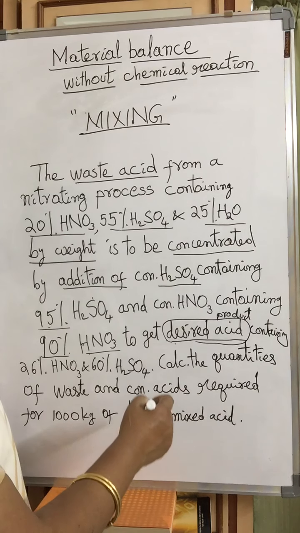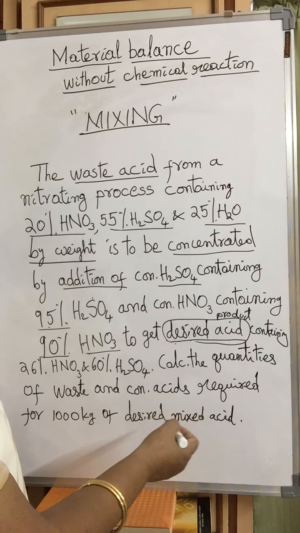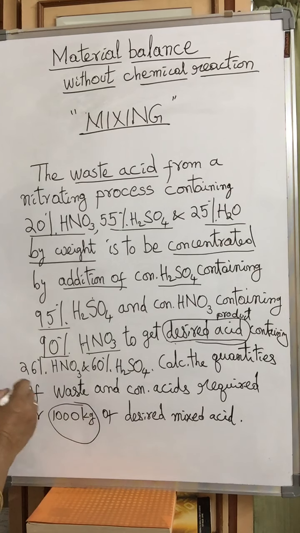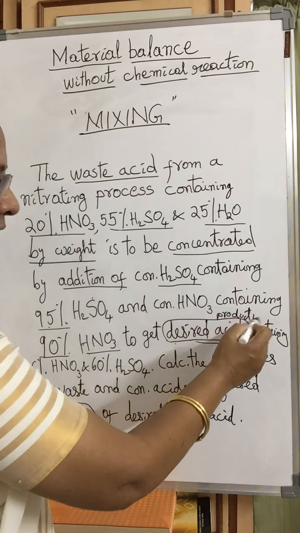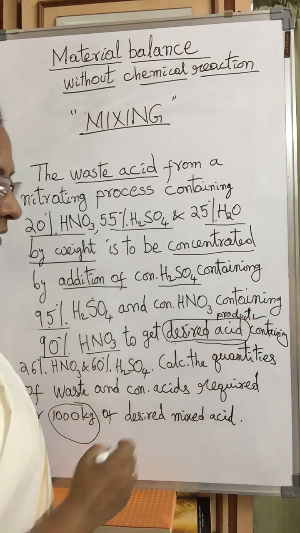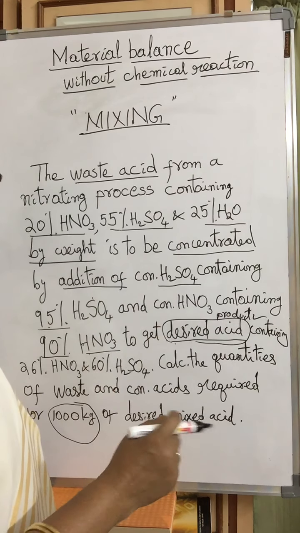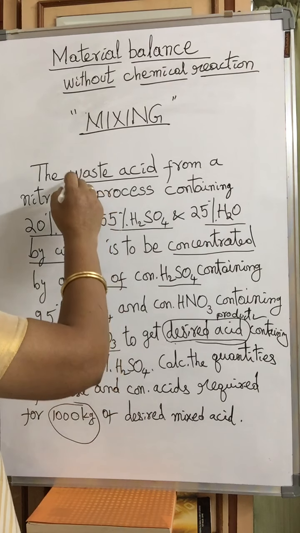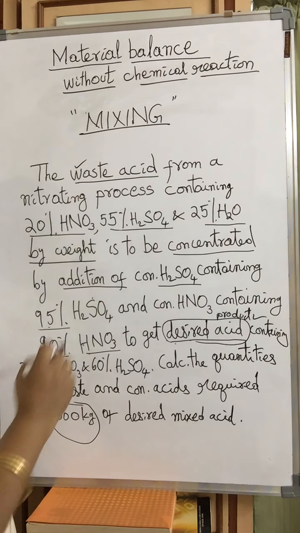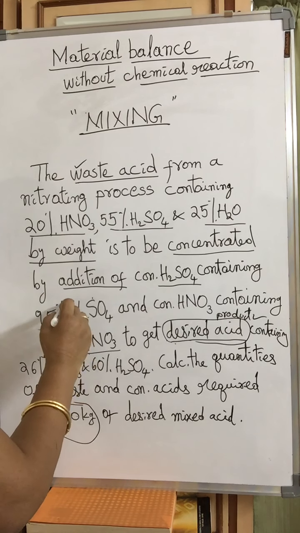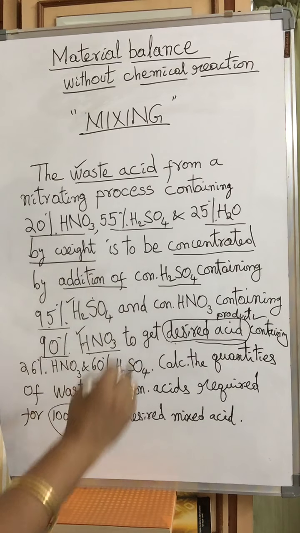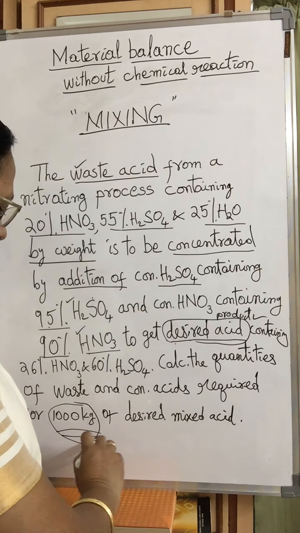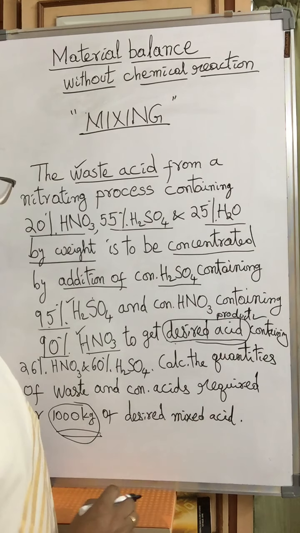So when the engineer wants to prepare 1000 kg of product acid, he needs to calculate before starting the operation how much of the spent acid he has to take and how much of the concentrated acids need to be mixed in order to get 1000 kg of the desired mixed acid.